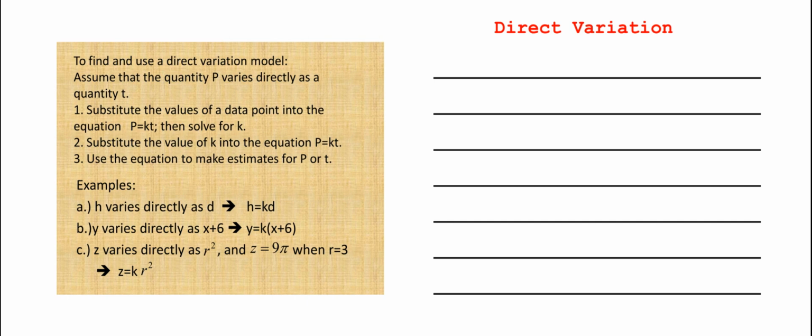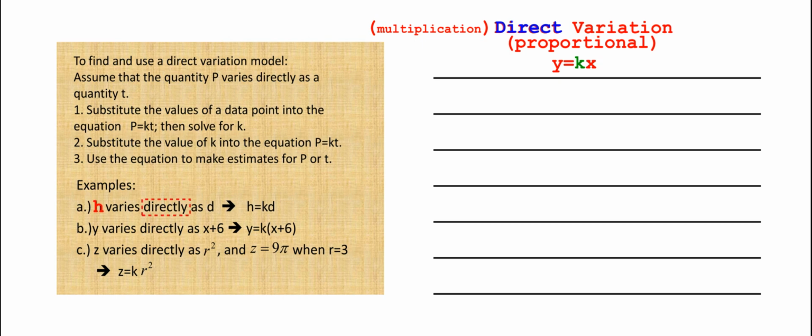Examples. So we have in this case our examples. For a, h varies directly as d. Notice that it's simply written as h equals k times d. So once again, direct variation, proportional, or in other words, multiplication, right? Direct implies multiplication. So in this case, for the first example, a, h varies, and how does it vary? It varies directly.